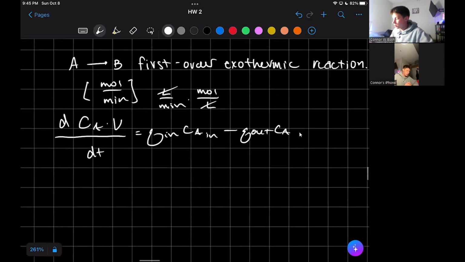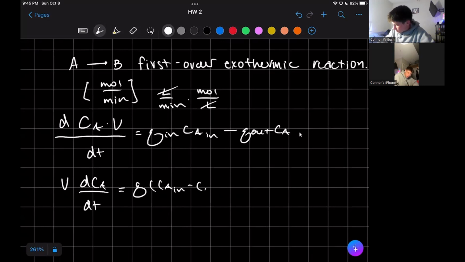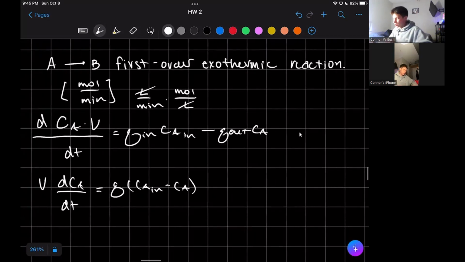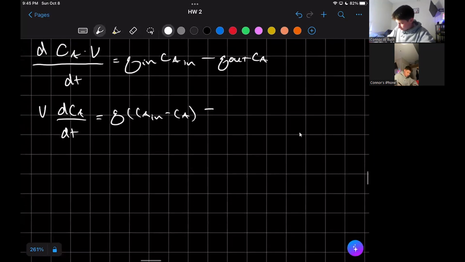We know that we're working at constant volume, so we can pull that outside of the differential. So we're just left with dCA/dt equals Q times (CA_in minus concentration out, or just CA). And then we know that there's a reaction occurring, so we have to subtract a reaction term.